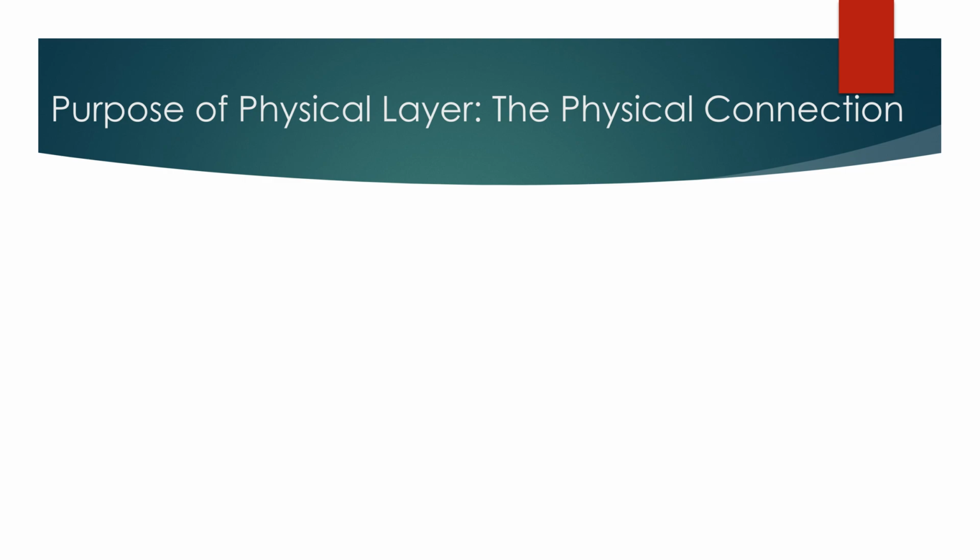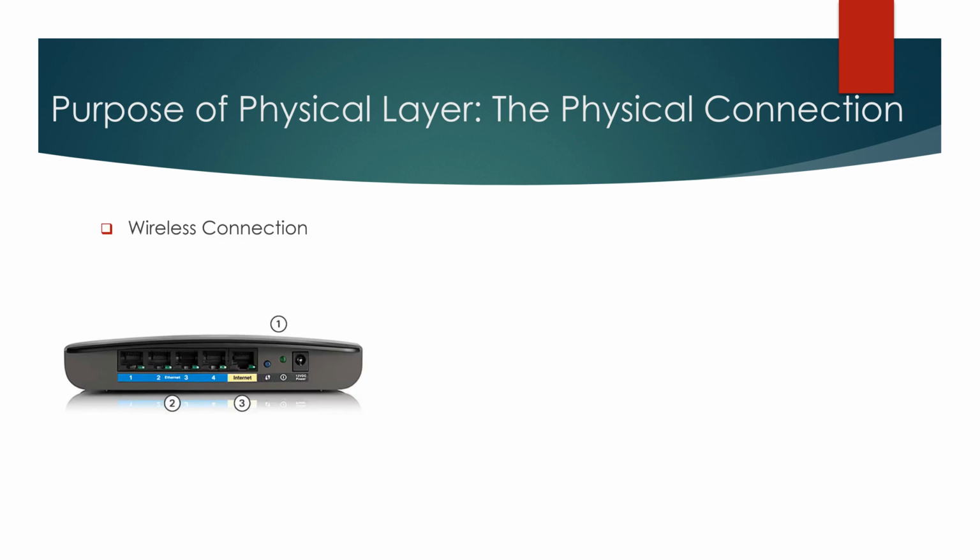Devices on a wireless network must be connected to a wireless access point or a wireless router, as is shown in this figure. So, the components of the access point in this case are the wireless antenna, which in this access point is integrated inside the router.